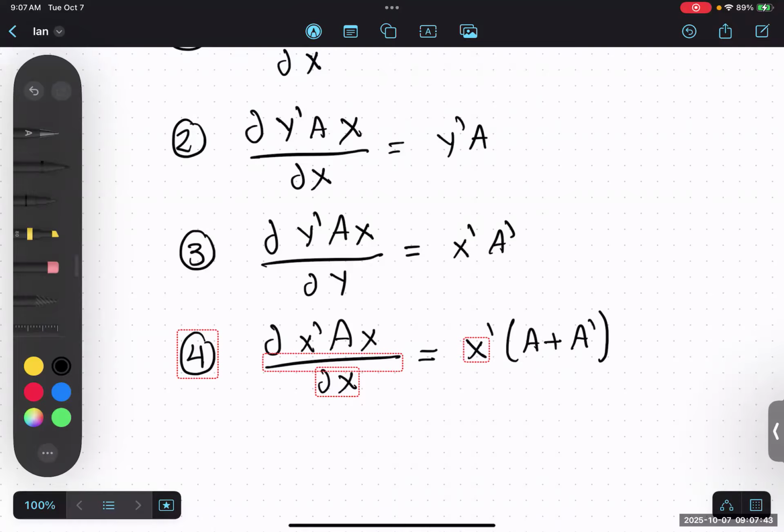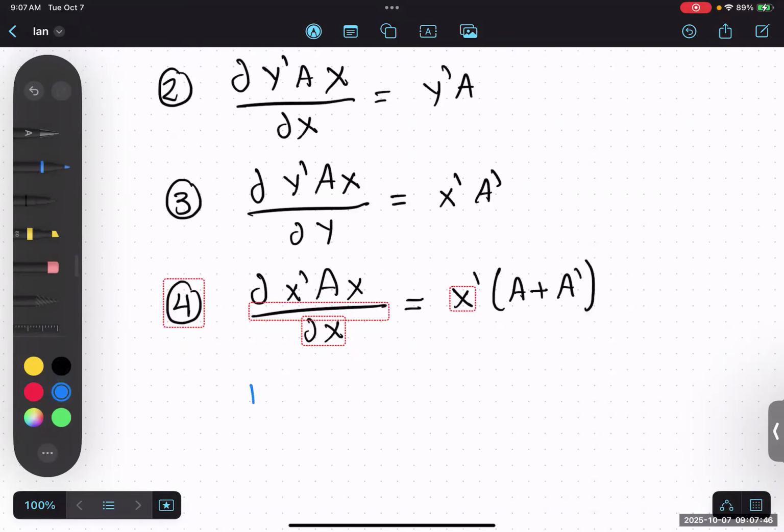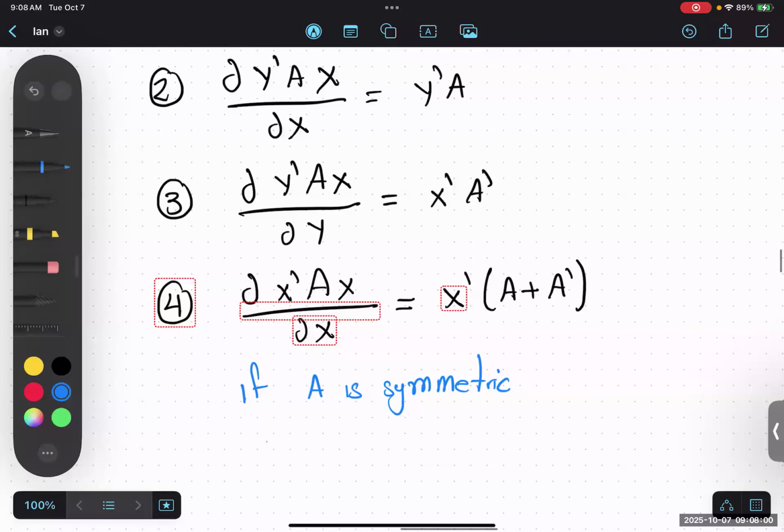But note that if your matrix A is symmetric, meaning that the transpose of A is A, then you simplify your derivative as 2 times x transpose A, which is pretty much like the case of x squared when you use derivatives.